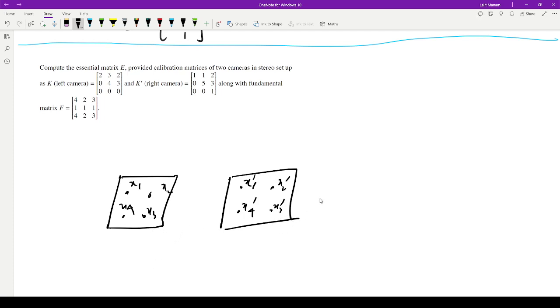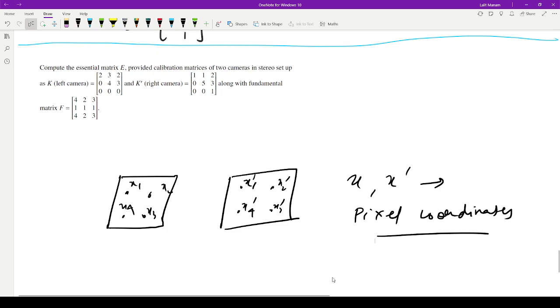So if x and x prime are in pixel coordinates, and you don't know anything more about them, then only with this information you can compute the fundamental matrix.